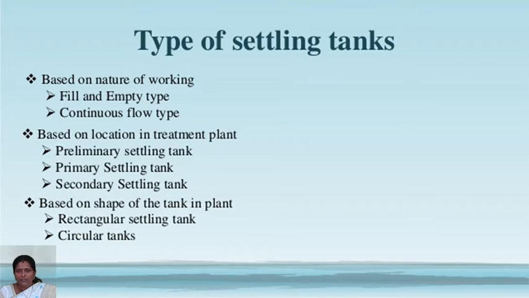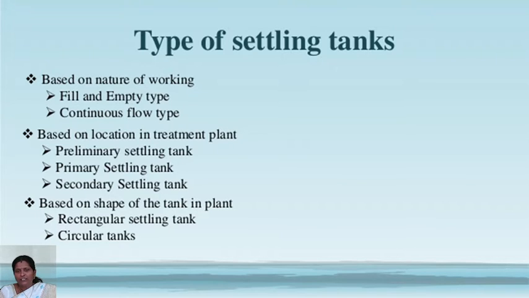Next, based on the location in the treatment plant, it is called a primary settling tank, preliminary settling tank, or secondary settling tank. The preliminary settling tank is provided in the preliminary treatment process, after the bar screens and grit chamber. The primary settling tank is provided after the preliminary treatment.